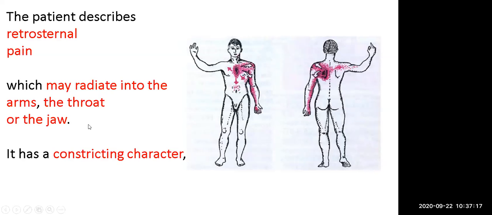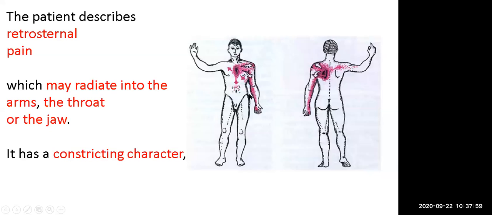Then you ask whether the pain is going anywhere, whether it radiates. They will say, yes, it can radiate into the arms, throat, jaw. Look at this, the pink color I show you is the radiation of the pain. It means that some patients feel this pain in their arm or in their shoulder.